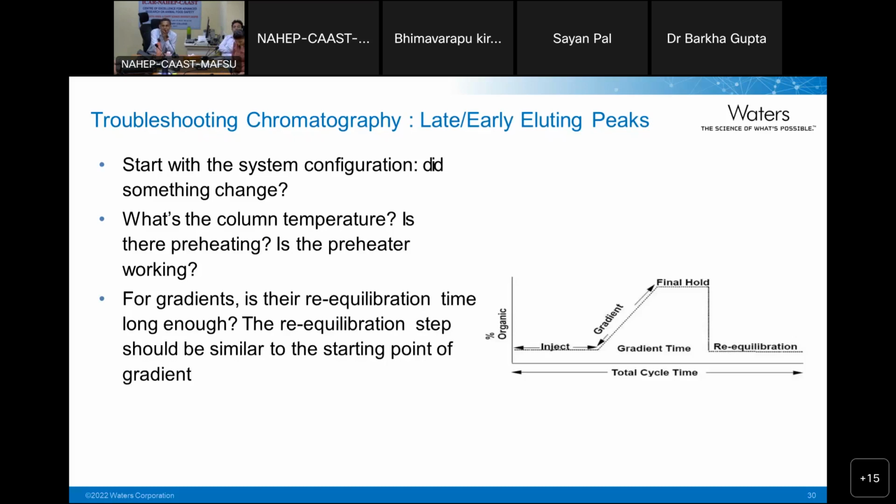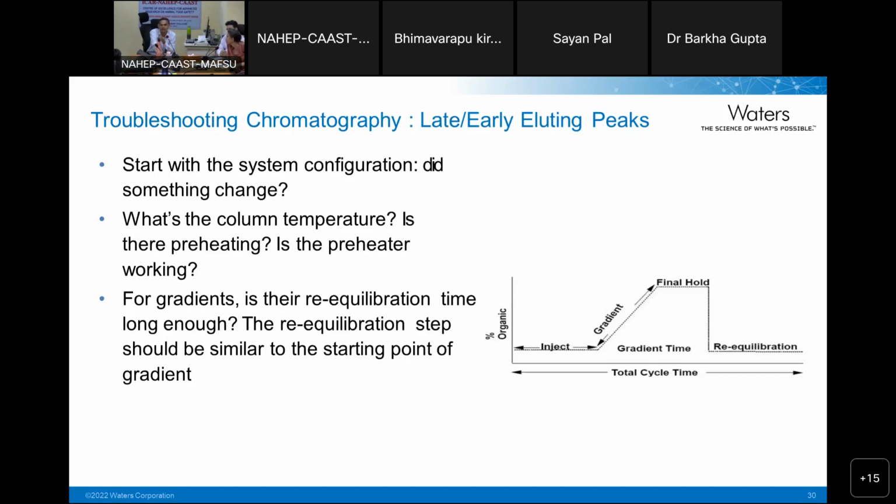There is no optimum as such. There is no thumb rule as such. Whatever separation you are interested in, at whatever temperature you are getting that separation, that is the optimum temperature.